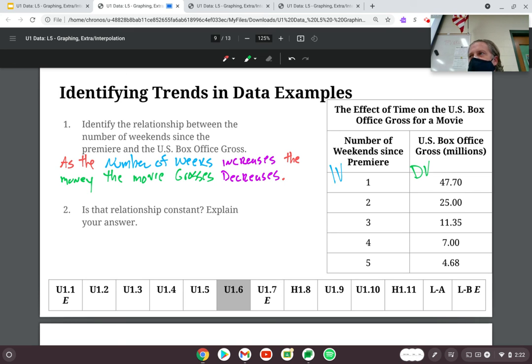So then the question is, is this relationship constant? And I'm going to actually argue that even though the number of weeks appears to be the constant part, the gross in millions is not constant. So I'm going to say not constant.